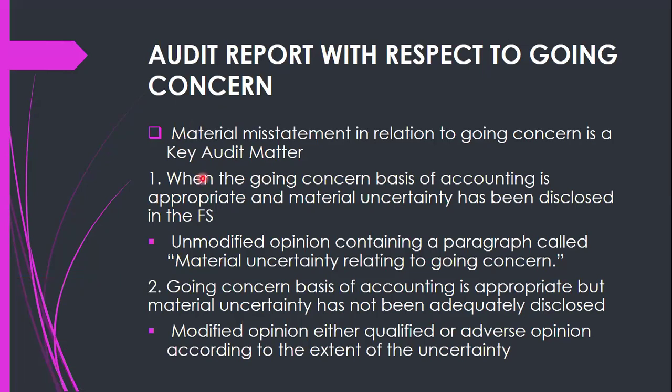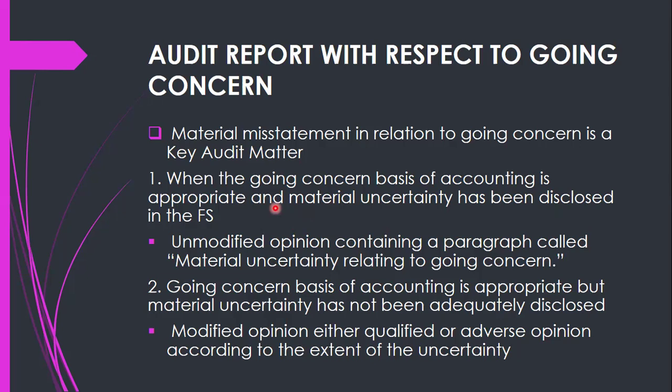So when the going concern basis of accounting is appropriate and material uncertainty has been disclosed, the company needs to prepare its financial statements on a going concern basis. But there's material uncertainty, right?